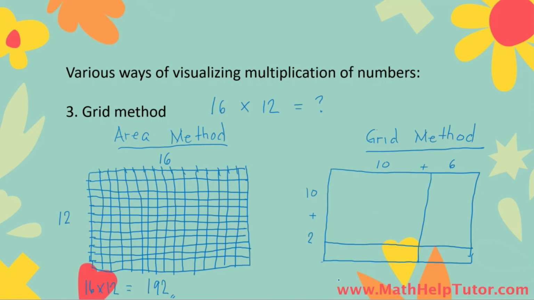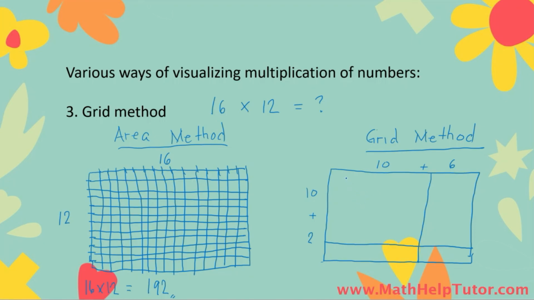So the new rectangle looks like this, which has sides of 10 plus 6 and 10 plus 2. And we have drawn regions based on the places, like tens and ones. After that, we can multiply the lengths of the sides of the rectangle per region to know the area of each of the regions, or how many squares there are in each region.